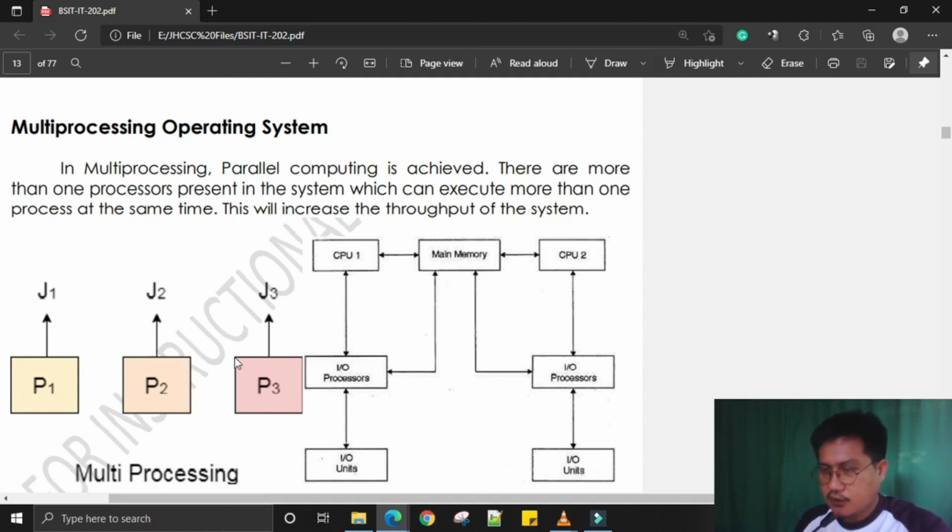But the good thing is that all the jobs could be processed at the same time. So it will not wait for one job to finish before the second job is performed. So multiprocessing with multi-core, multitasking. That's the main idea of the multiprocessing operating system.